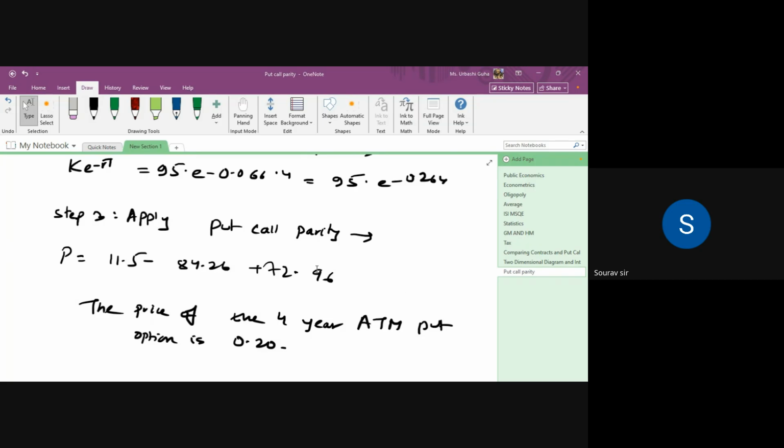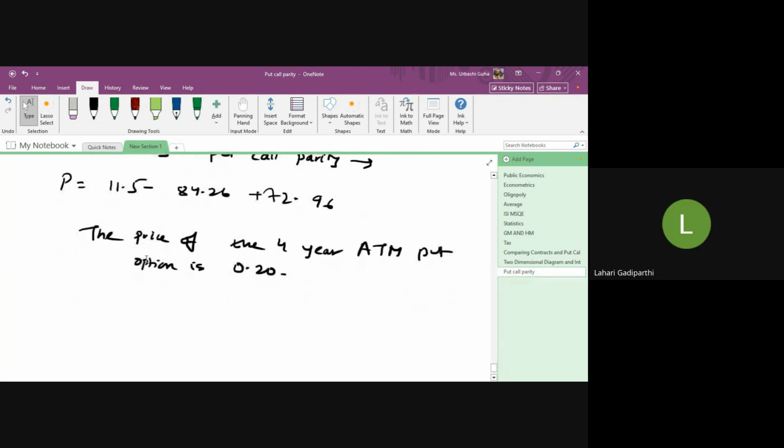Next, 6.2, again a sum. Isn't it 4.2? Which one? The P calculation. How is it coming? 11.5 minus 84.26 plus 72, sorry, I thought it was 76. 72. Yeah, it's 0.2, sorry.